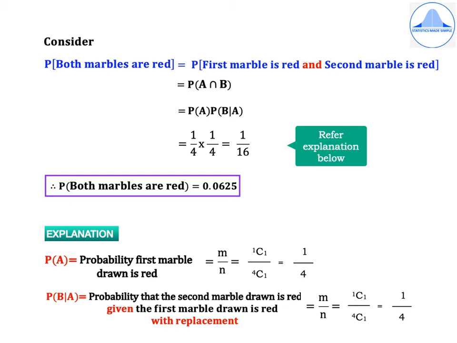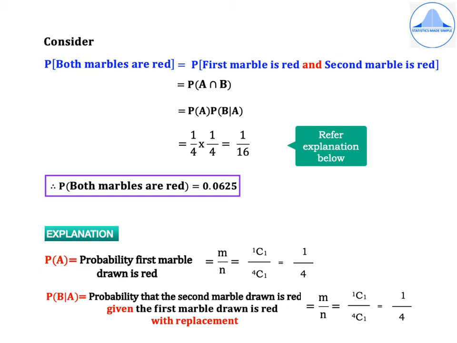You have removed one red colored marble, and because it is a case of with replacement, you have to put this first marble back into the box. So the total number of red marbles in the box doesn't change. There is only one red marble and you have to select that one red marble. So it is 1C1 divided by 4C1, which is equal to 1 divided by 4.